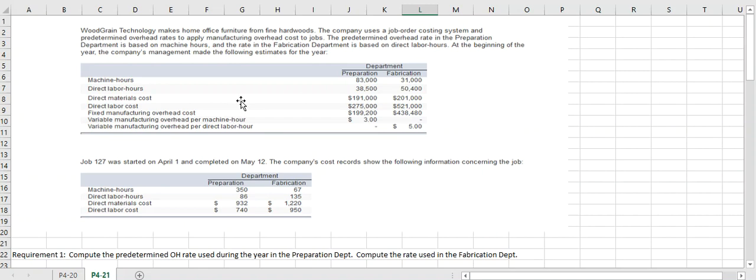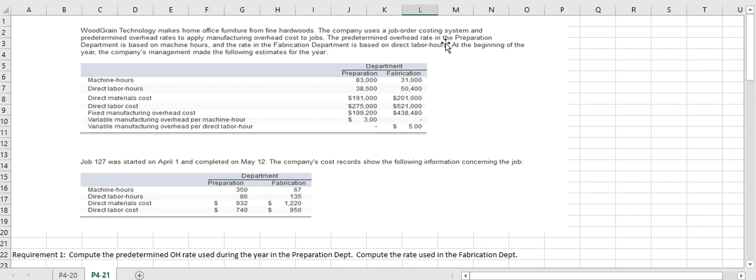So first of all, just let me note that we have a company with different predetermined overhead rates in different departments, and that's perfectly fine. And they're using different cost drivers in each department because that's what makes sense to them. So your cost driver could be based on anything that's logical that makes sense depending on your business. In their business, they're using machine hours in the preparation department, so most likely the preparation department is very machine hour intense.